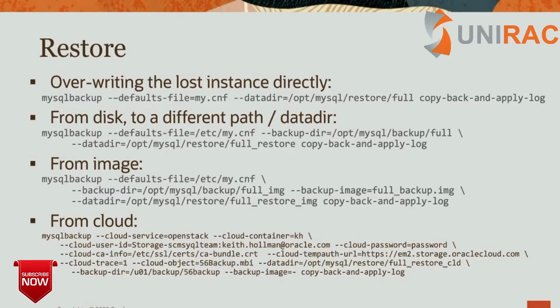All right. We can also do a partial restore using the extract term. Now, this extract is extracting a table or a database or a list of both to the same or different data directory. Taking an example of the cloud restore here, you can see the cloud object is the full backup here.